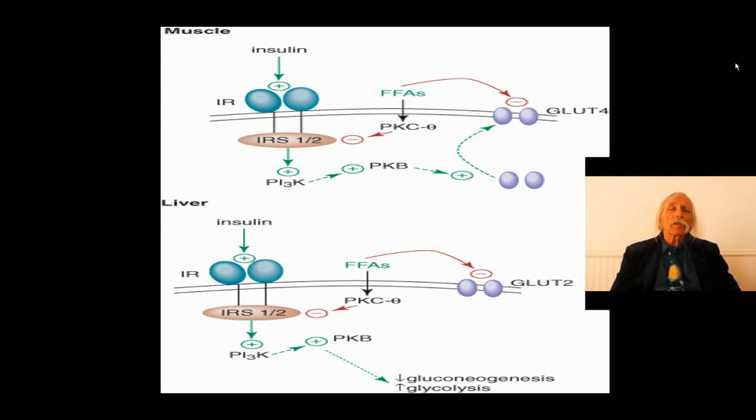Now, notice in muscle, if there's free fatty acid, as it's being taken up by the muscle cell, it will induce protein kinase C theta. That will act through phosphorylation of a certain site on IRS1-2, differential phosphorylation, of course, that will block that pathway. Blocking that pathway will block the mobilization of GLUT4 to the surface for glucose uptake.